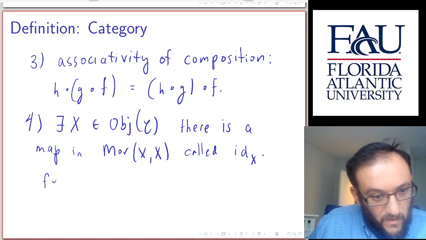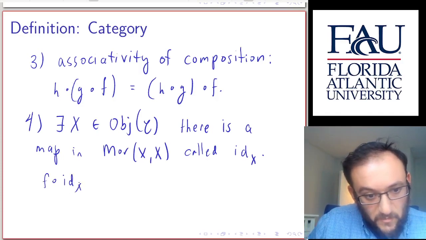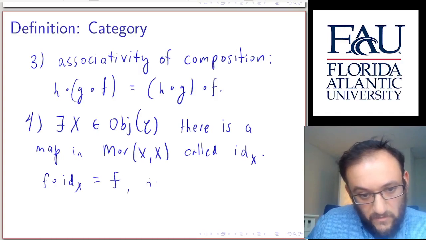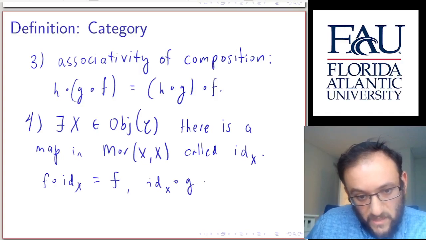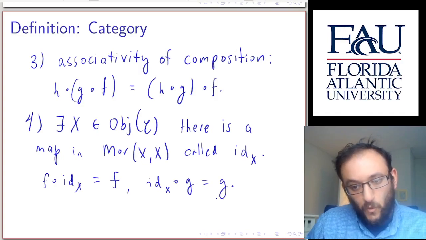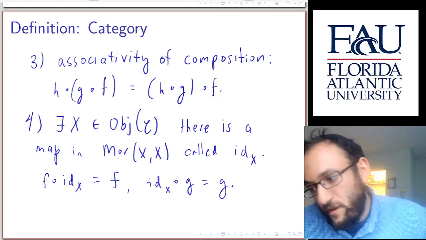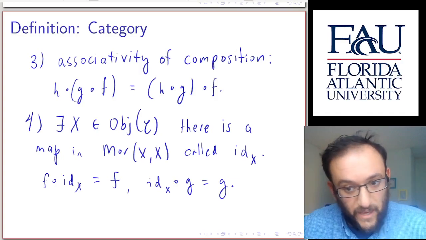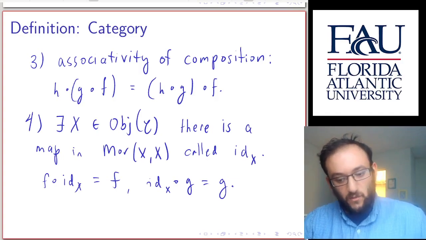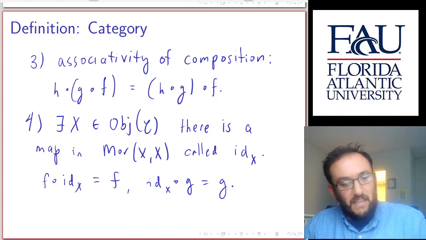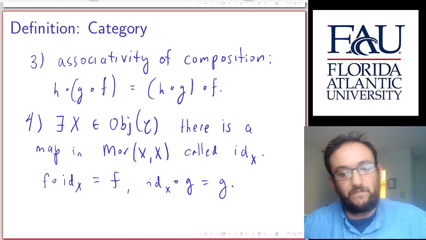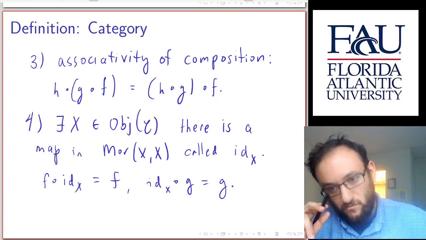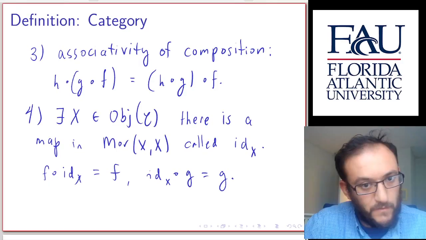So if you have f post-composed with the identity, that's going to be equal to f. And similarly, if you have g pre-composed with the identity, that's going to be equal to g. So assuming all of these have the correct domains and codomains. Okay, so if you take all of these things, that defines a category. I know it's pretty abstract the way I described it, but the main thing to keep in mind is that you have objects and you have morphisms, which you can think about as maps or arrows, which tell you how to go from one object to another.